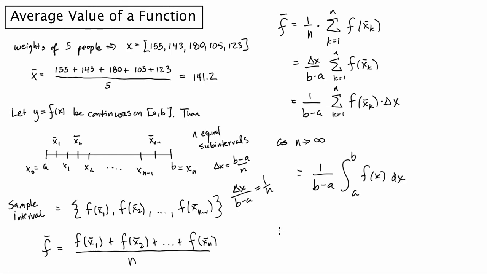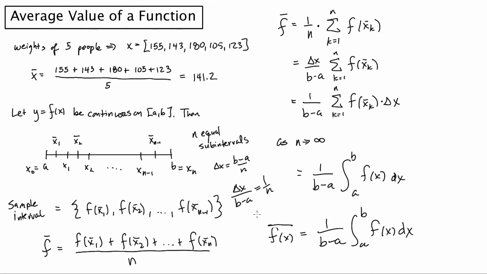So the point here is, if I want to talk about the average value of the function f of x, we typically put a bar over things we're taking the average of. So bar f of x is the average of the function f, and this is its formula.